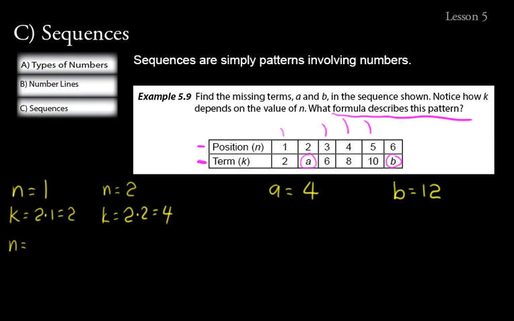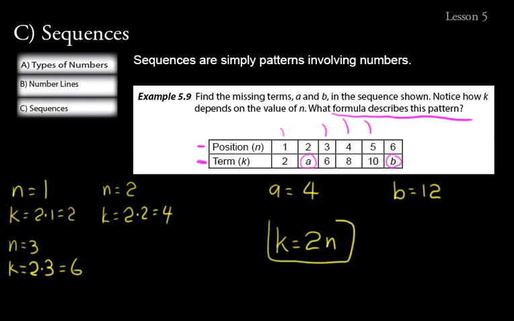When N equals 3, K equals 2 times 3, the position, 6. Every time it's 2 times the position, that's the term, right? Do you see that? So the formula is K is equal to 2n. Whatever the position n is, we double it. We times it by 2. That gives us K.